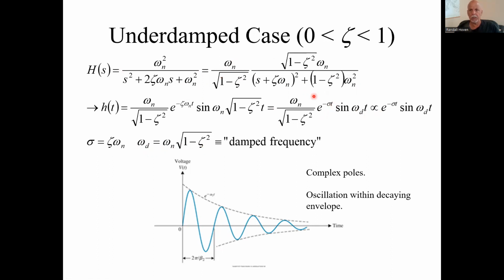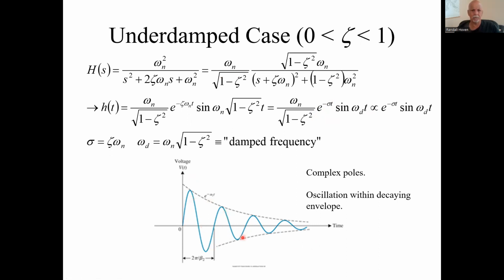And it's in an exponential envelope. And in fact, the poles are located at minus sigma and plus or minus j omega d. So sigma is how far left. It's the real part, and omega d is the imaginary part, how far up. We'll show you where the poles are. But here's what the response looks like.